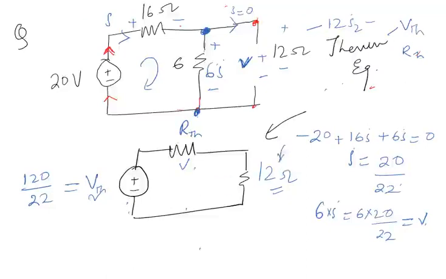So next, I want this RTH value. What is RTH? RTH is the resistance which you are seeing from the open circuit side. Just make sure for RTH, the voltage source is short circuited.